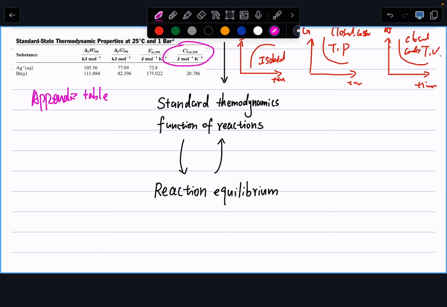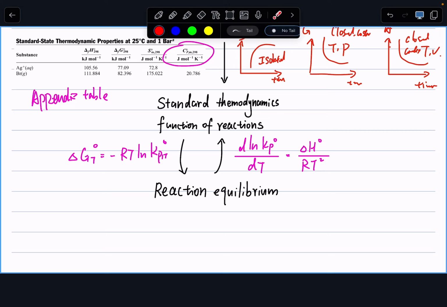Right, so in this part, we have two fundamental equations: delta G naught equals negative RT ln Kp naught, and d ln Kp naught over dT equals delta H naught over RT squared.